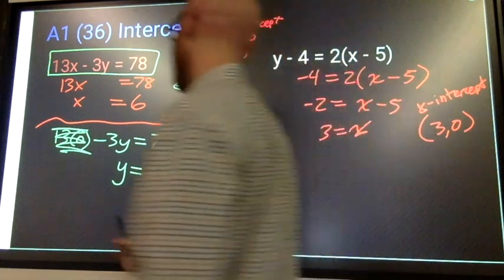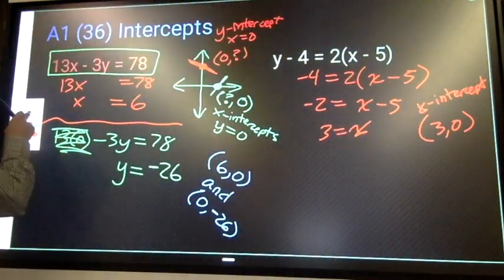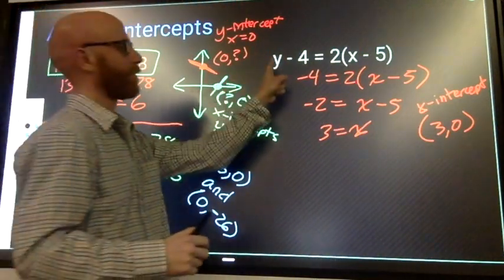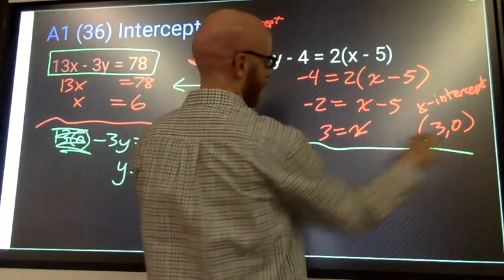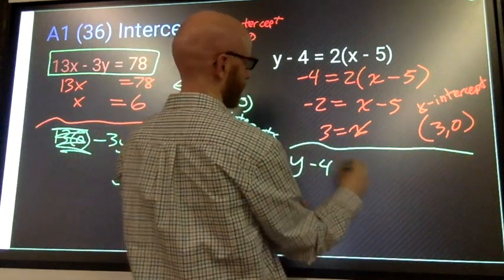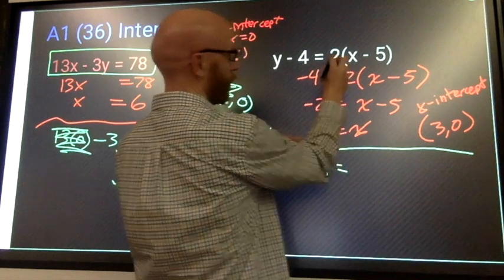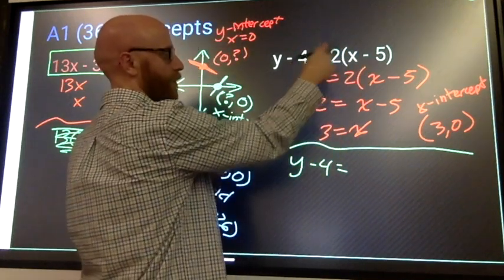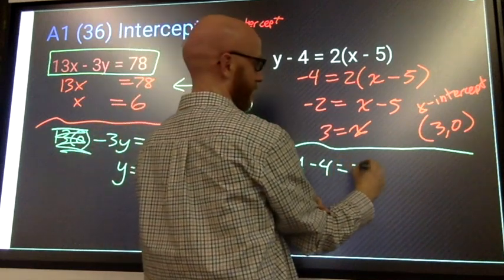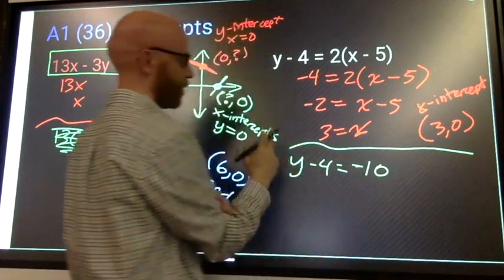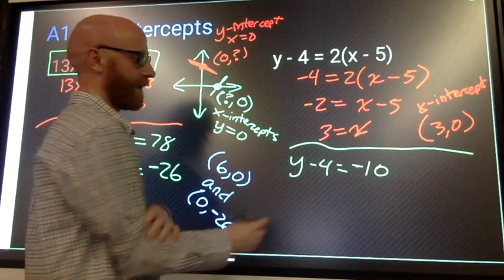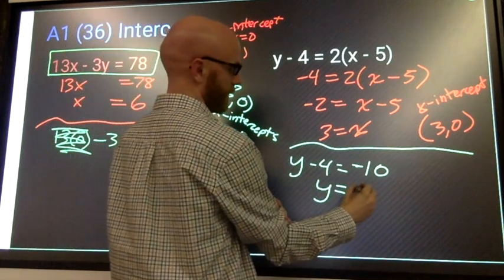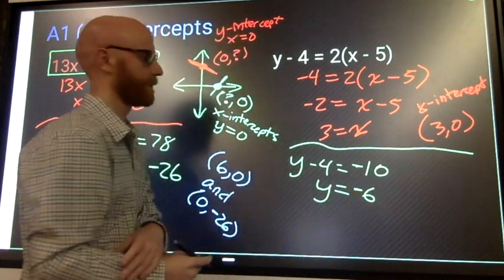Same idea. If I want to get my y-intercept, for my y-intercept, x will be 0. So 2 times 0 minus negative 5 is negative 5. 2 times negative 5 is negative 10. Y minus 4 is negative 10. Y must be negative 6.